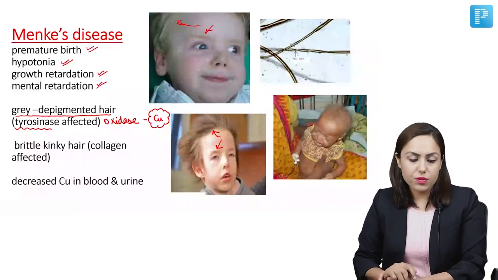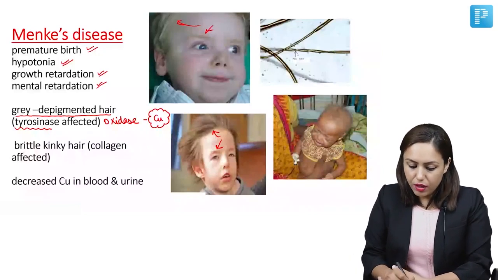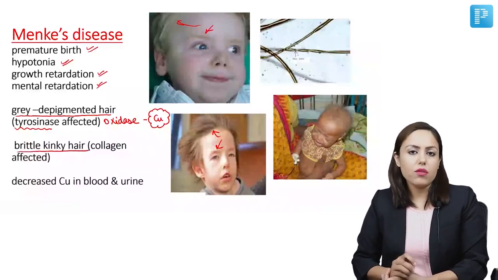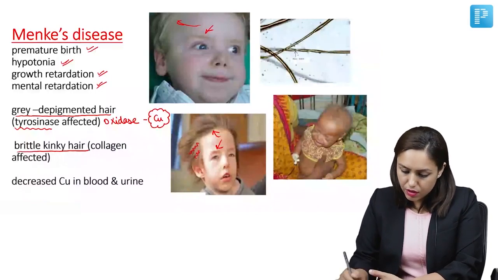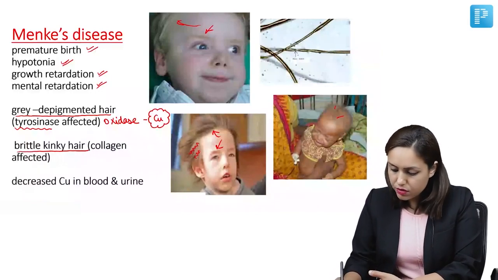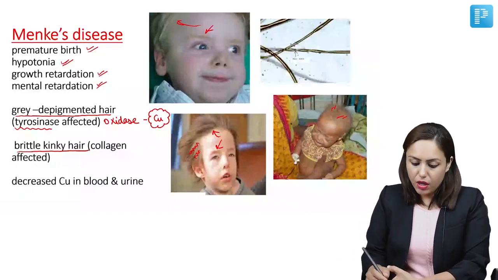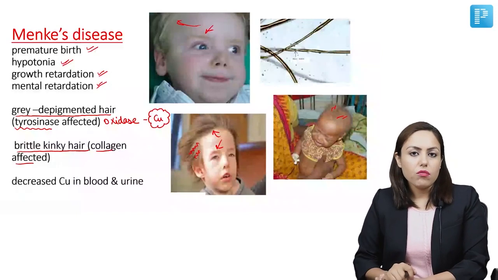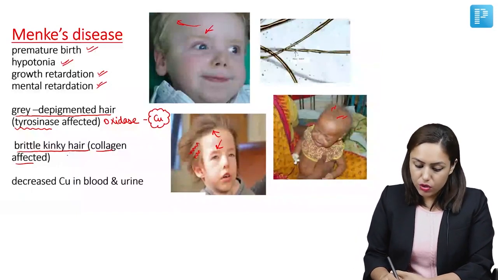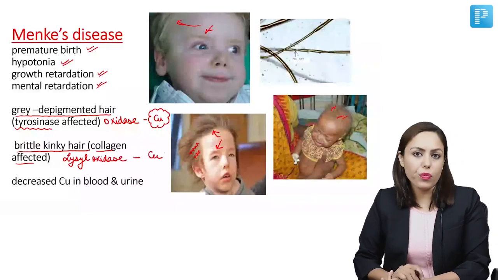So therefore it is affected. Then brittle kinky hair. They are very brittle, weak hairs. You can see in all the pictures, very brittle hair, right? Why this? Because collagen is affected. One of the enzymes required in collagen synthesis is lysyl oxidase. Again an oxidase, so it requires copper.